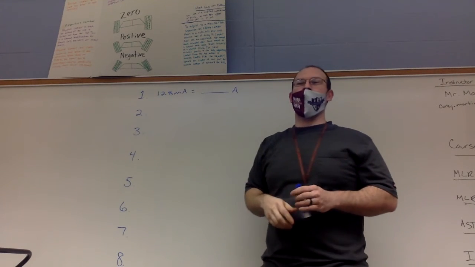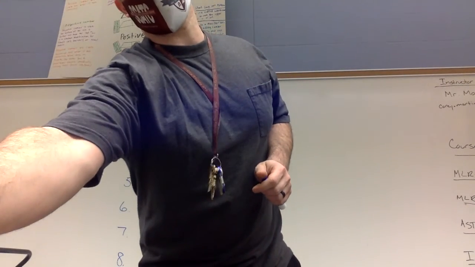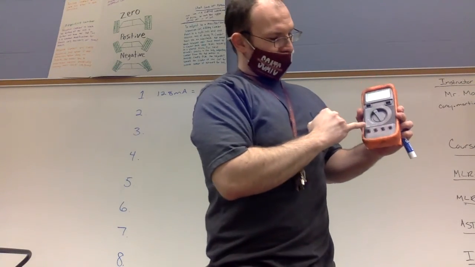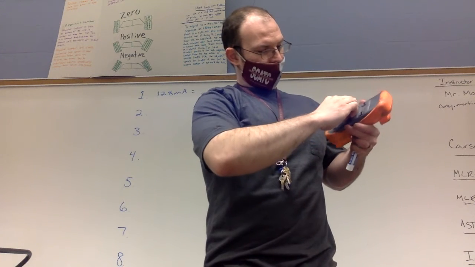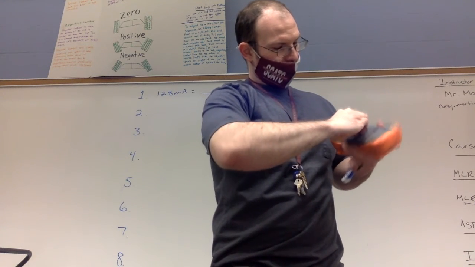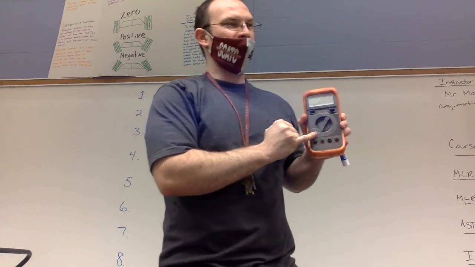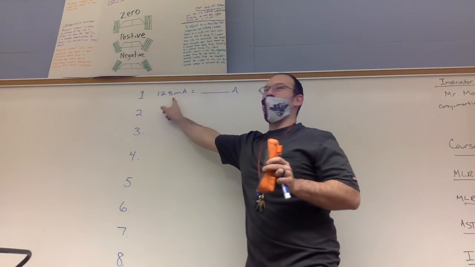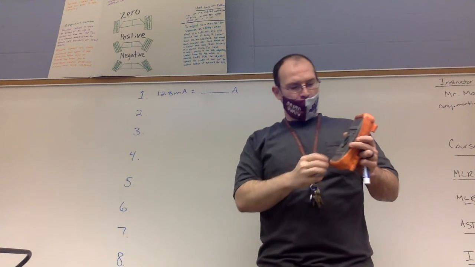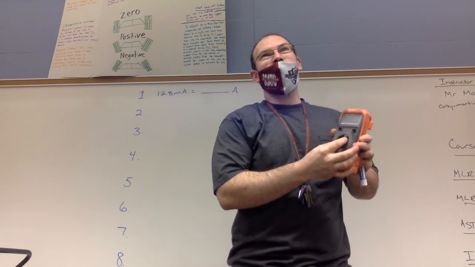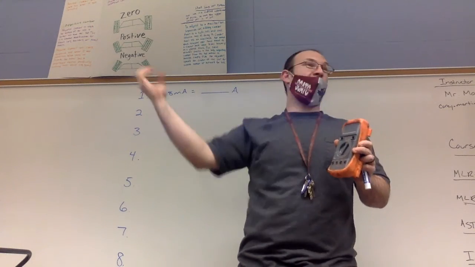Now, if we set it to the amps, so on this particular meter right here, we've got DCA, which is DC amps. So we've got a 200 milli scale right here. So this would be the scale that we see right here. Now, if we bump this up to the next one, it's going to be everything from 0 and higher.